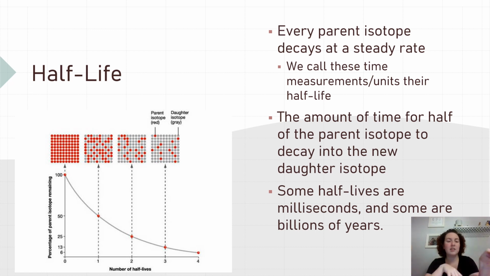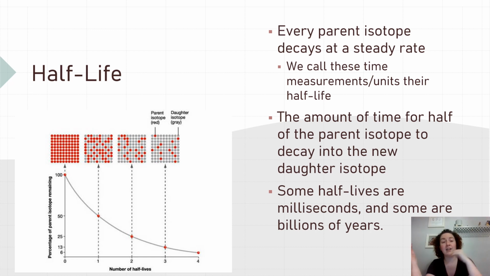So this little graph is a better description of what a half-life is. You have the full parent isotope in all red. No matter how much time passes, the first half-life means 50% of that red is now gray, and then you still have 50% of the red remaining.